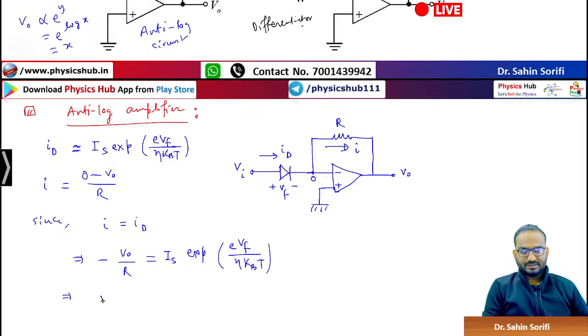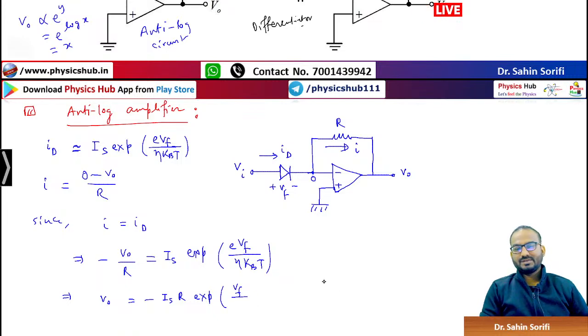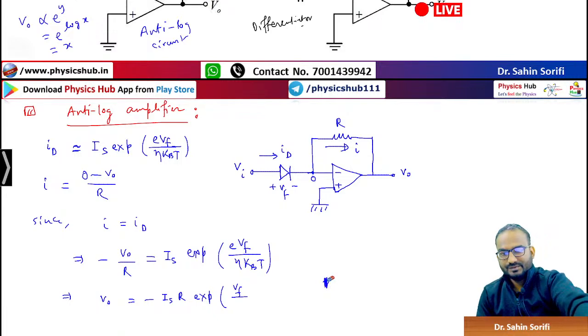So from this we get V0 equals minus IS into R exponential VF by eta kT by e. It has a special name. Do you remember? Sorry, not eta kT, kT by e.